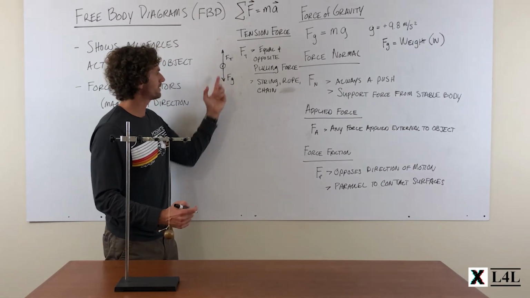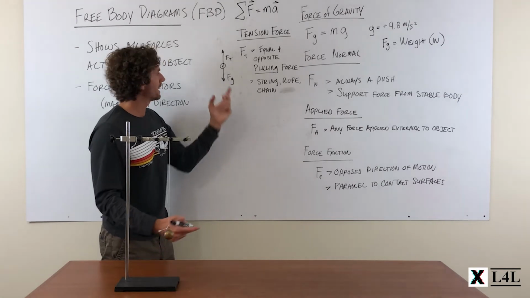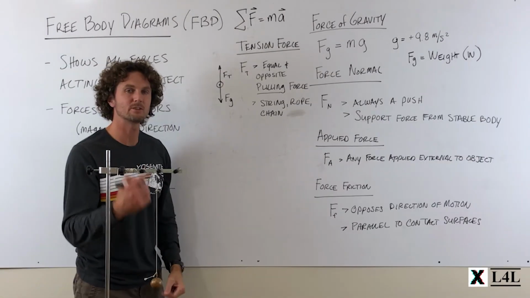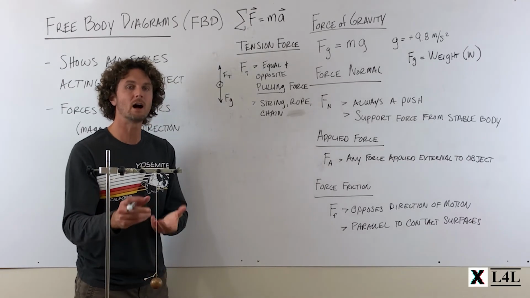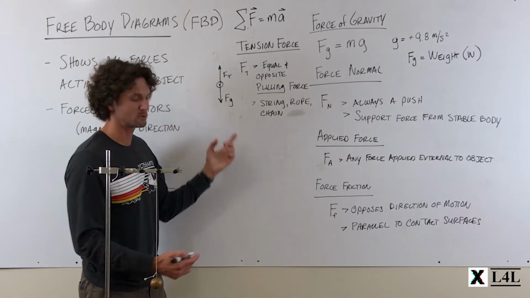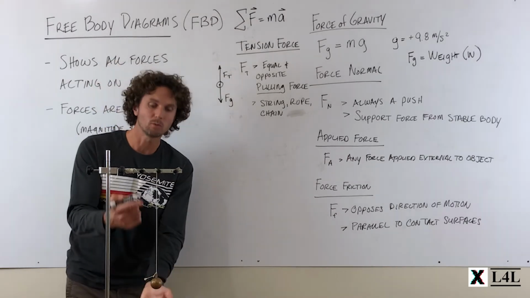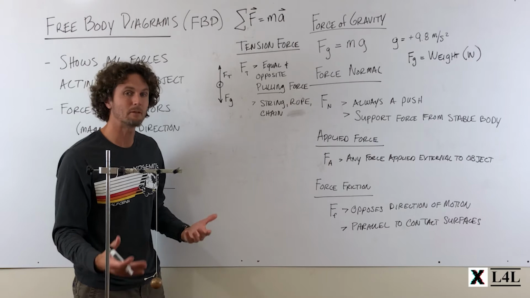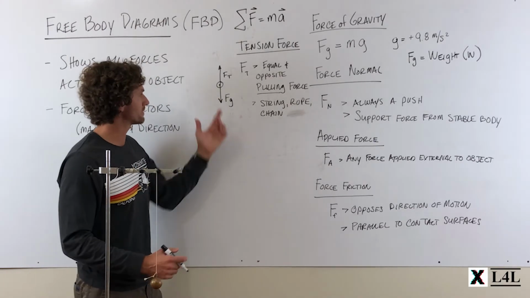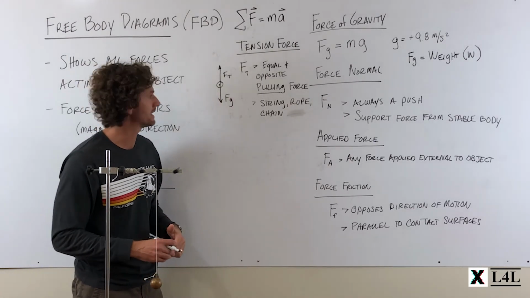Still the force of gravity, which is pulling it straight down, and the force of tension. There is tension in this string that is actually pulling up on the mass, opposing the force of gravity. They are equal and opposite to each other, which is why the hanging sphere is not moving and it's not accelerating. So I know that these forces are actually canceling each other out.